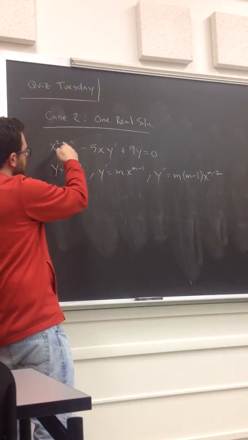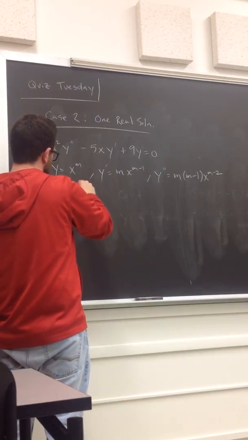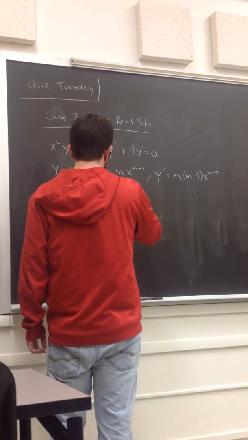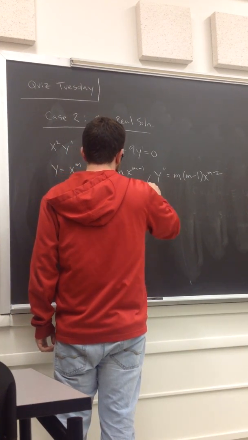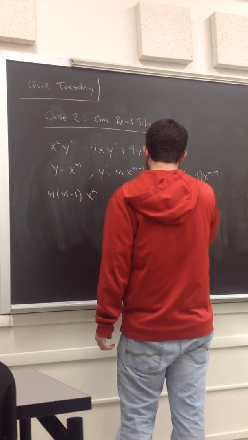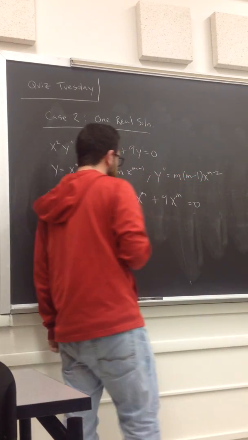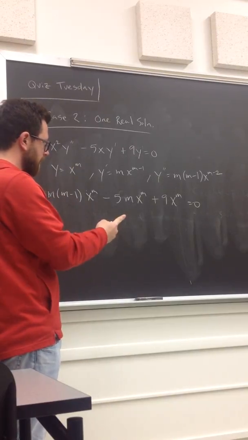So this will ultimately be n minus 1 x to the n, and then minus 5 times n x to the n, plus 9 times x to the n. Okay, common factor of x to the n, we can divide by it.